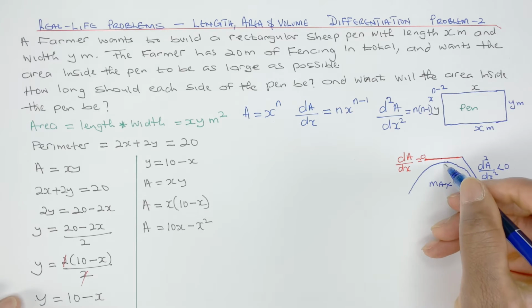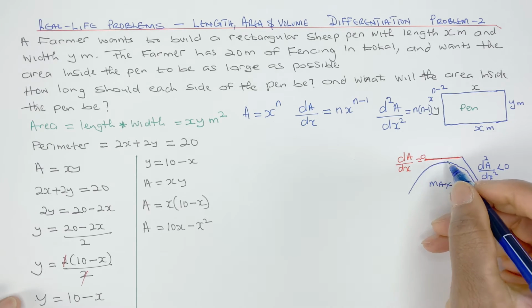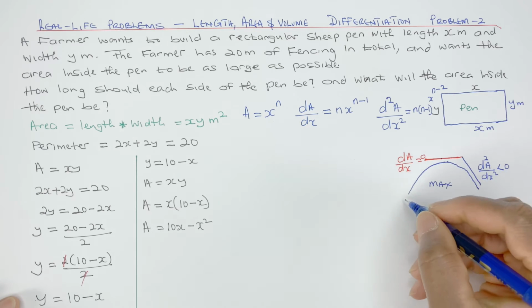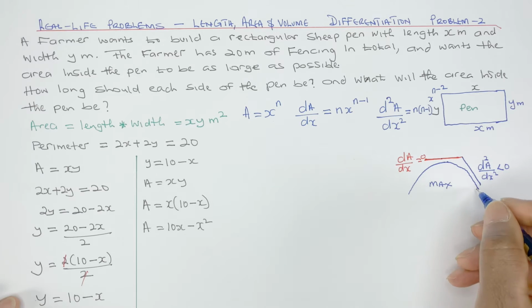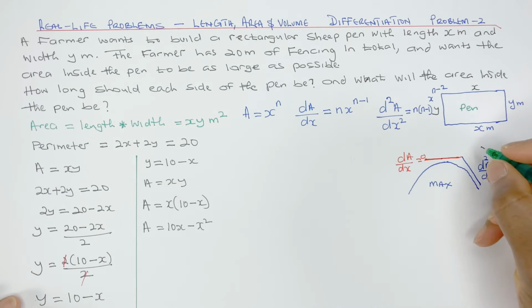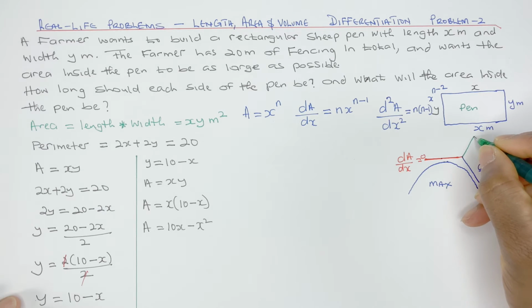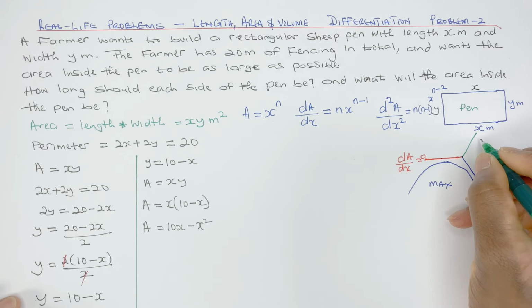As you're going up the hill, the top of the hill is 0 gradient. As you're coming down the hill, the gradient is negative, and that shows maximum. Of course, you could get a minimum, and that's when the gradient, the second derivative, is positive.